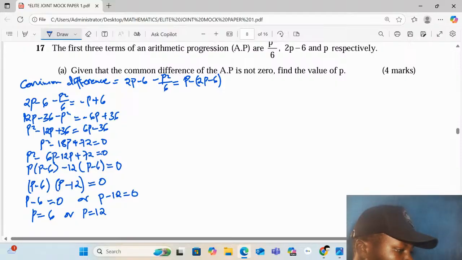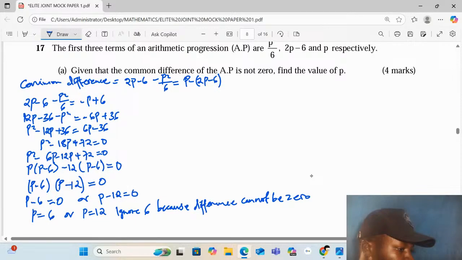When you substitute 6 up here, you're going to get the common difference to be 0. So ignore 6, because 0 becomes what? 12.